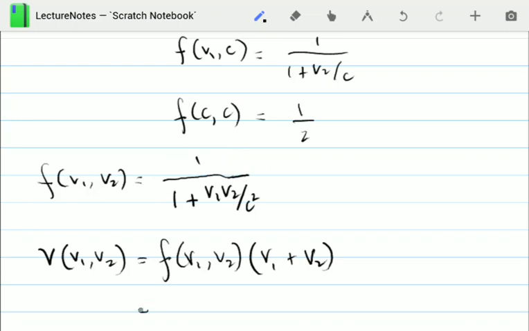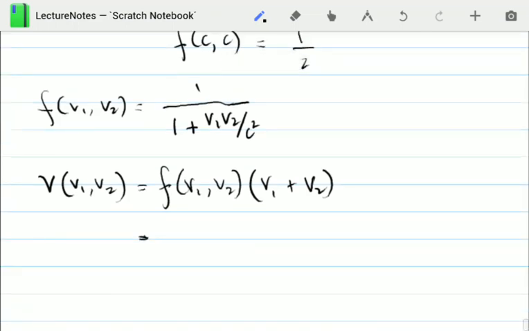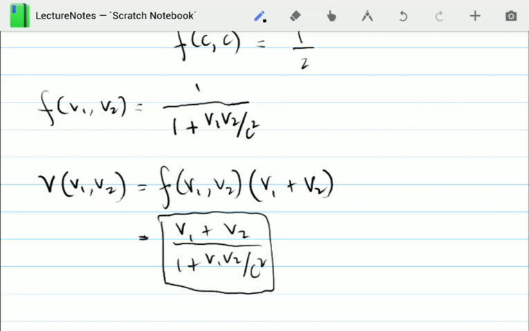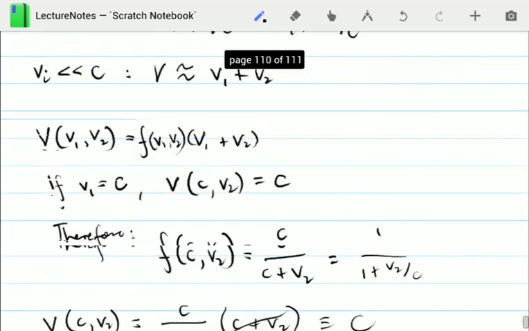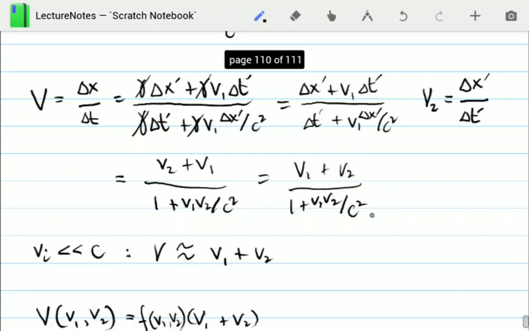So the velocity addition law with those asymptotic limits will be equal to v1 plus v2 over 1 plus v1 v2 over c squared. And the awesome thing is, this is also the one that we derived on top, but with the knowledge of the Lorentz transformation law.